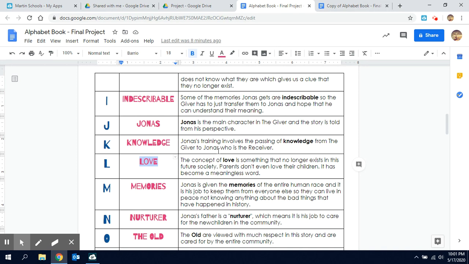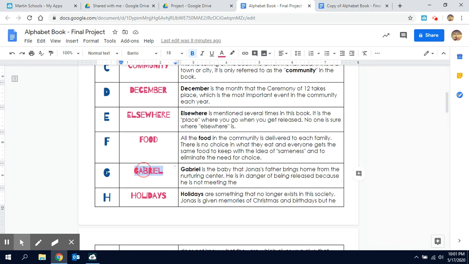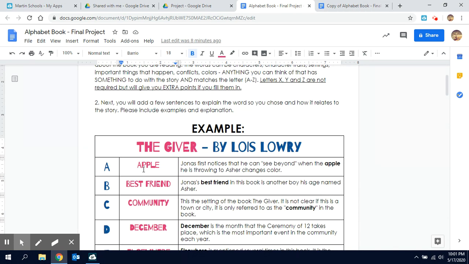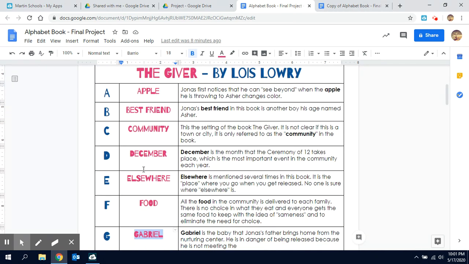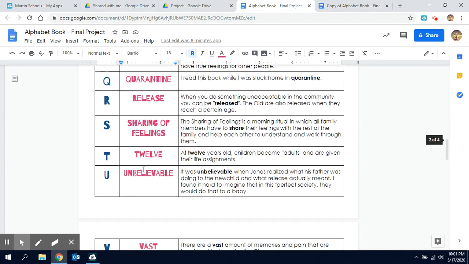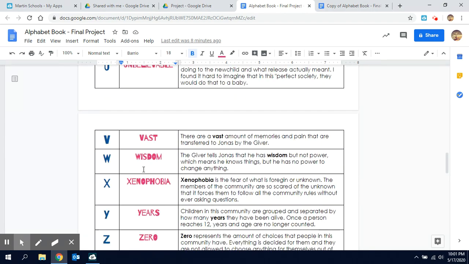If you happen to have a character name the same as somebody else, that's understandable. If you happen to have a location or a place that is mentioned in the book, that makes sense. There is no reason why anyone's project should look too much like anybody else's. Okay.